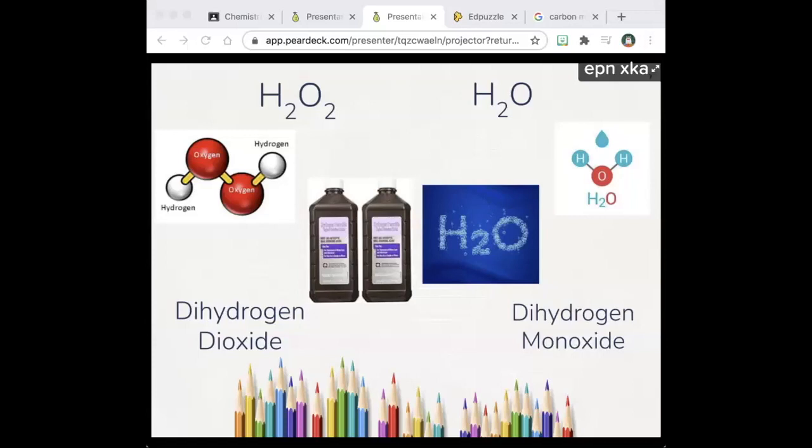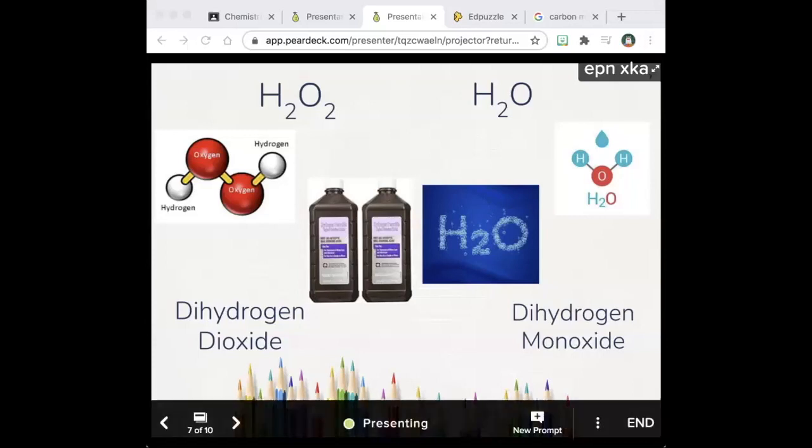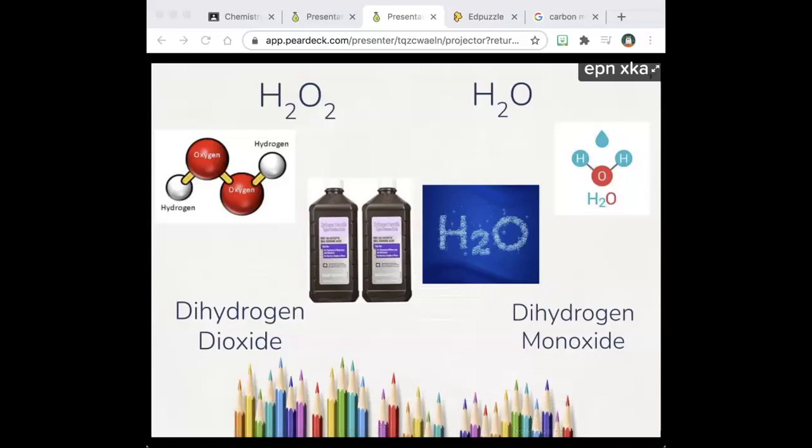Most people are going to call these water and hydrogen peroxide, which is totally fine. But if you notice down here at the bottom, I have put names that more so follow the standard naming rules for covalent compounds. Water's official name, which I scared you to death with at the beginning of this unit, is dihydrogen monoxide. Remember that? It was just water.